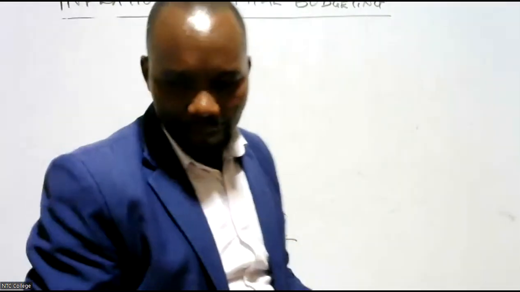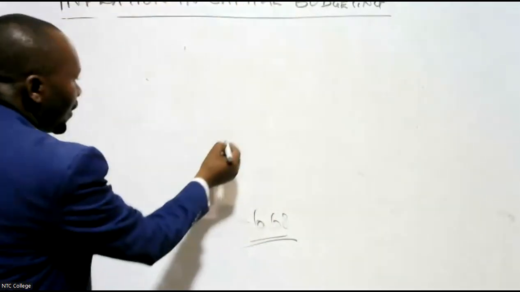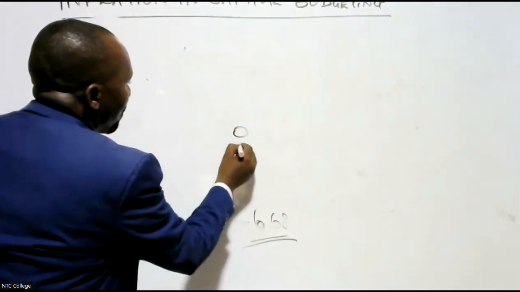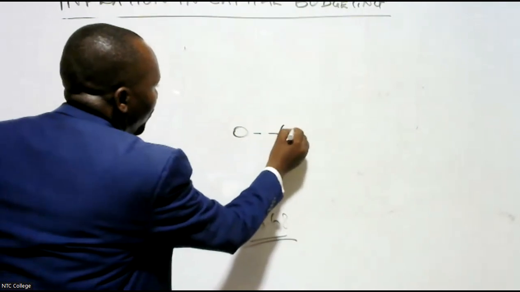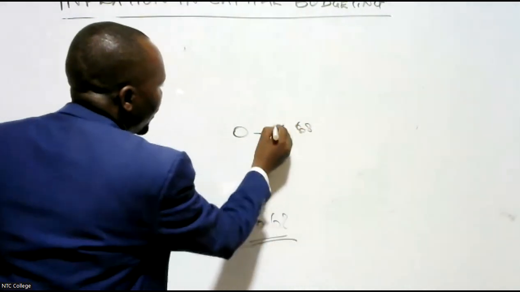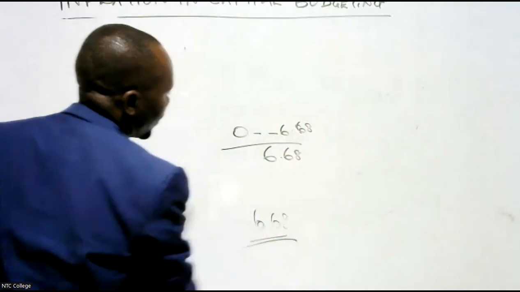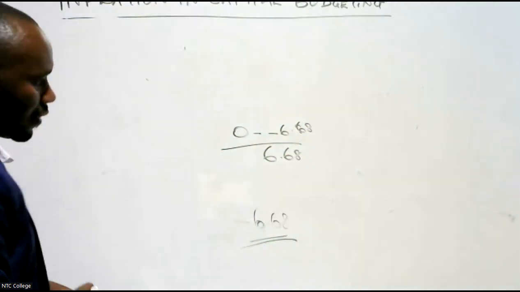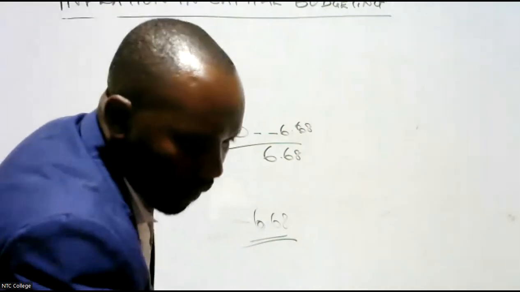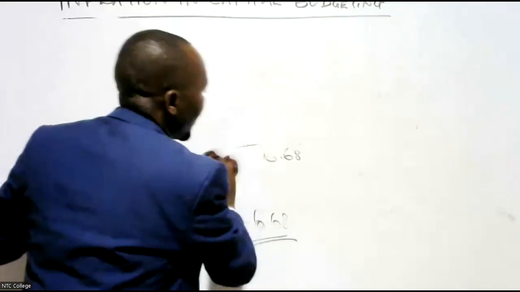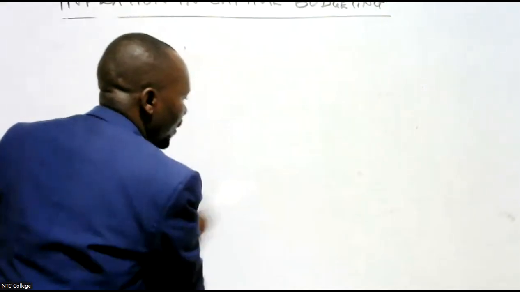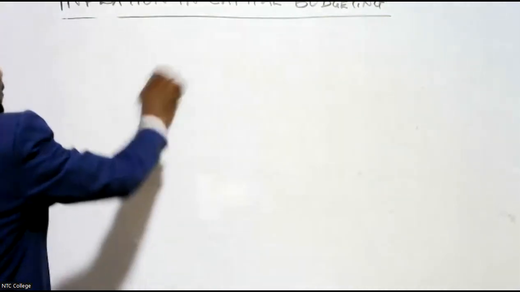It's positive. Okay, remember. So the NPV, we're having 0 minus negative 6.868. So this becomes positive. Zero minus negative: negative and negative turns out to be positive. It is a tax credit, it's an asset.